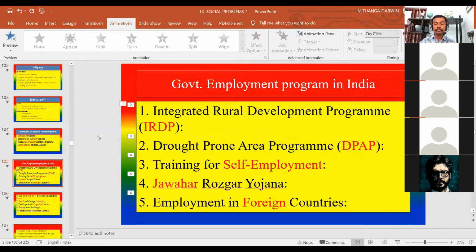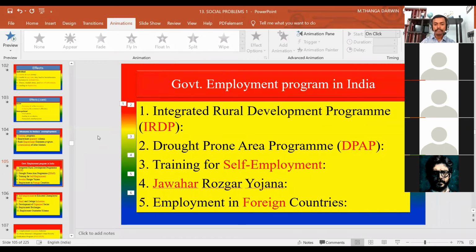Then government employment programs: first IRDP, Integrated Rural Development Program. Second, Drought Prone Area Program. Third, Training for Self-Employment. Fourth, Jawahar Rozgar Yojana.